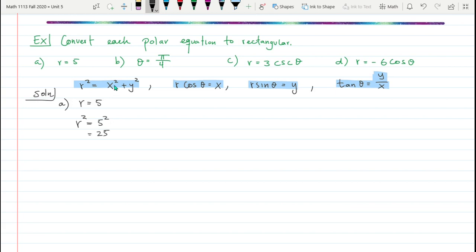And now I have r squared equals 25, and that's what I need from there. So 25 is equal to x squared plus y squared. And if you try to graph this, this gives you a circle with center at the origin with a radius of 5. And that's it. That would be the rectangular equation for part A.